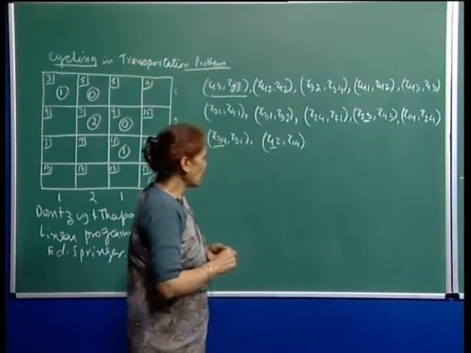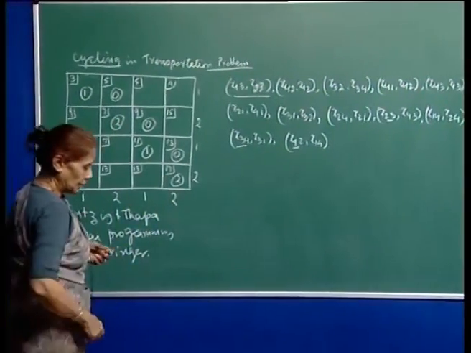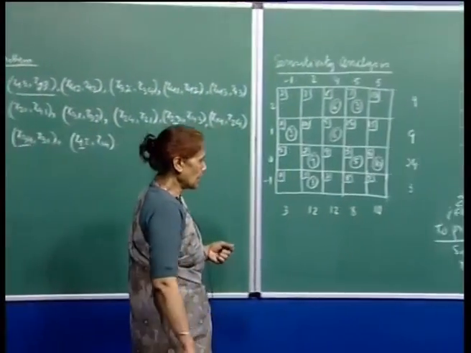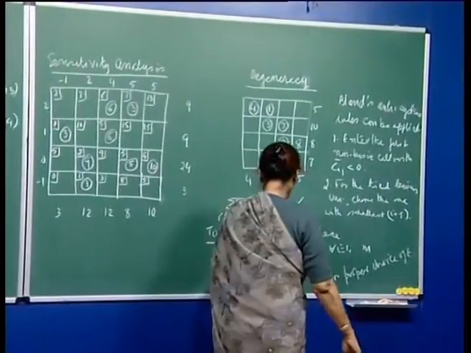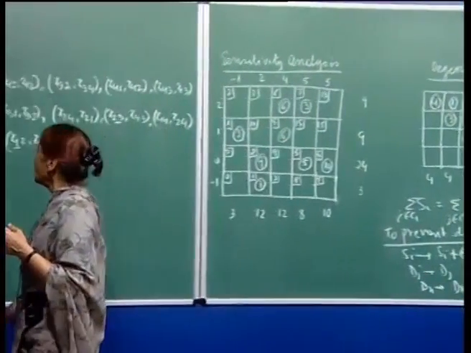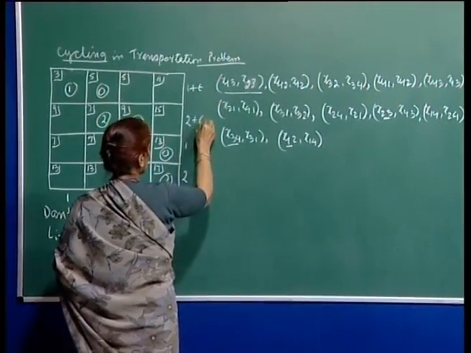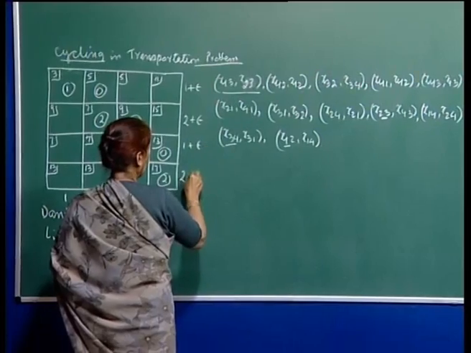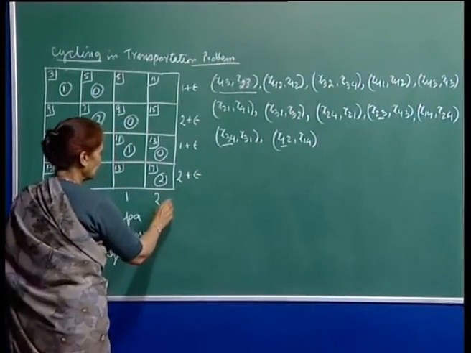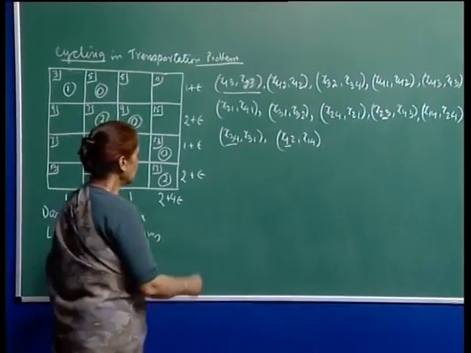So this will create problems, and therefore the idea was that we can start with this one. Let me show you what happens if you do this, and therefore I should give you the rules also. So we would increase these by epsilon, right, and this one will get increased by 4 epsilon. So what are the rules?